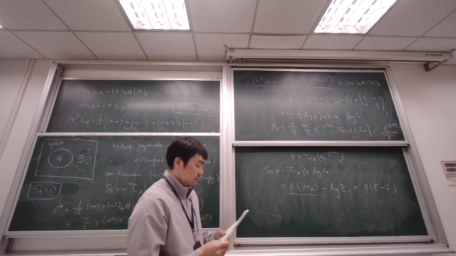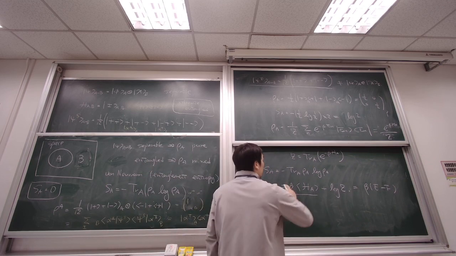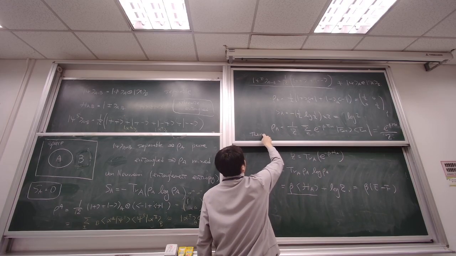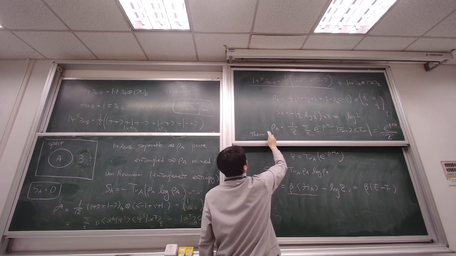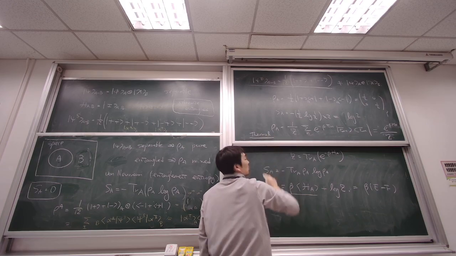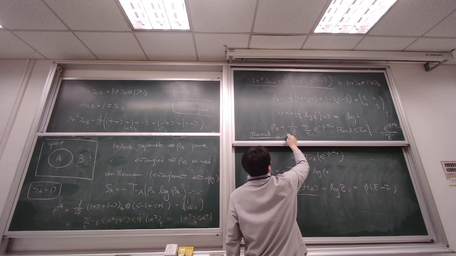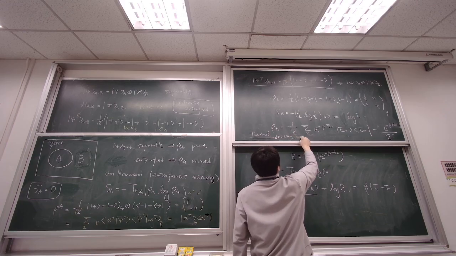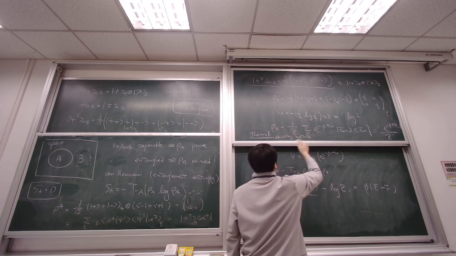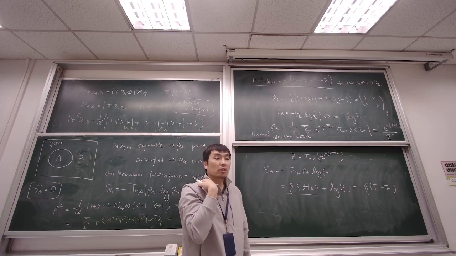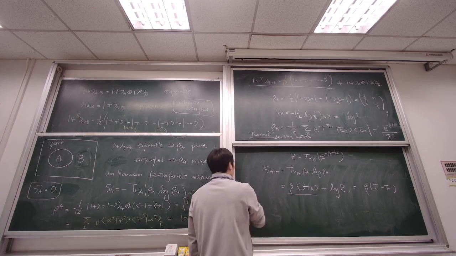Which is consistent with the entropy of thermodynamics. So in this case, this is a thermal state. If you just plug the thermal density matrix into the definition of the von Neumann entropy, you just reproduce the thermodynamic entropy.